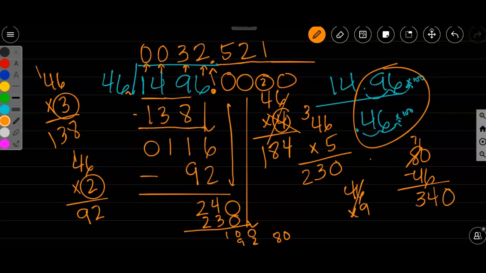Ooh, that's going to be too much. 46 times 8. Let's see what that is. Oh, gosh, 24, that'd be 28. Well, yep, that's not going to work. 36.